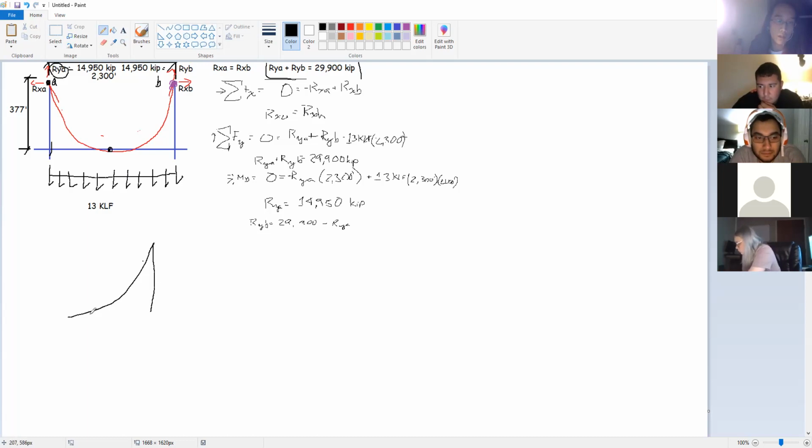Okay, RXB. Now the question is, why are we cutting it right at the midpoint? Does anyone know why? I think it's because that line is going straight down at the middle. You know cables.